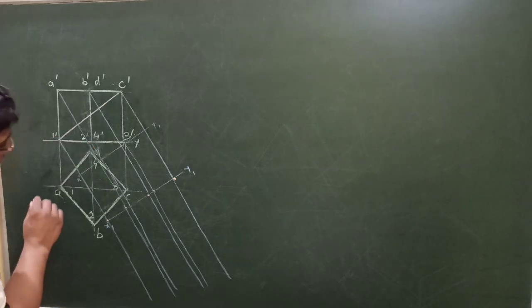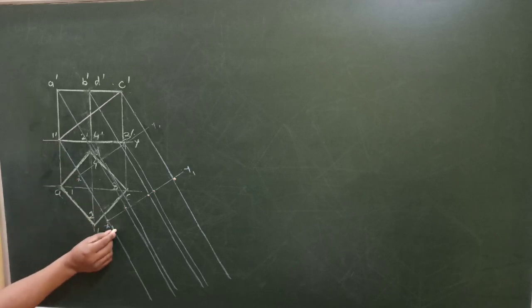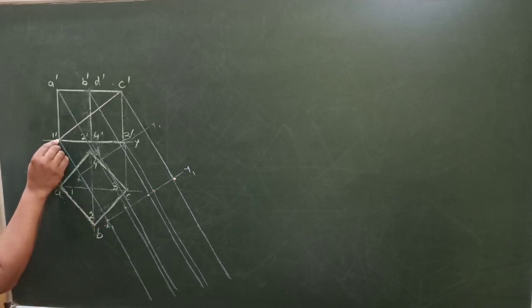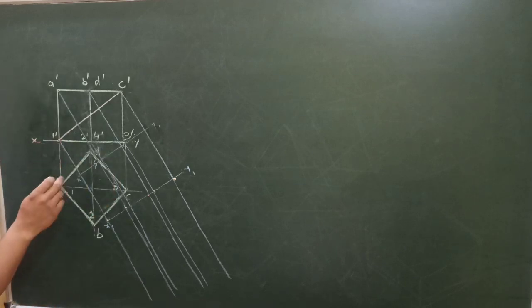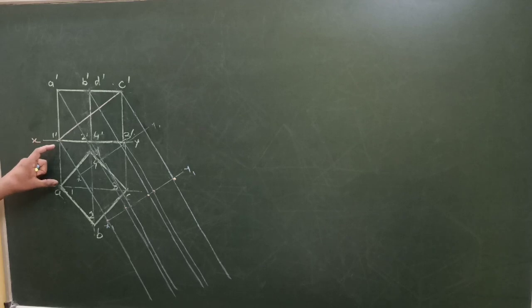So when we have to cut on this line, this is the line for 1 dash, we have to take the distance from XY to this one point, that is this much distance.